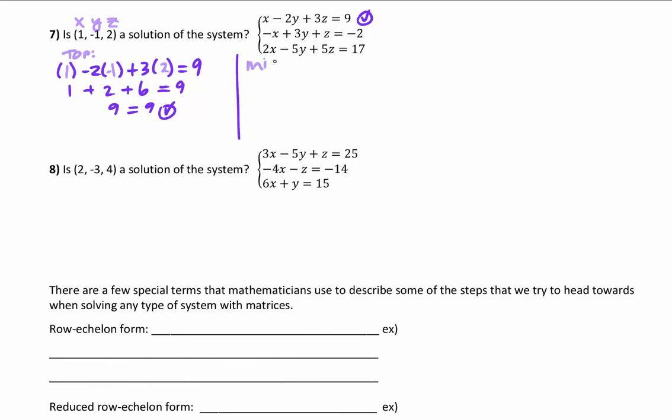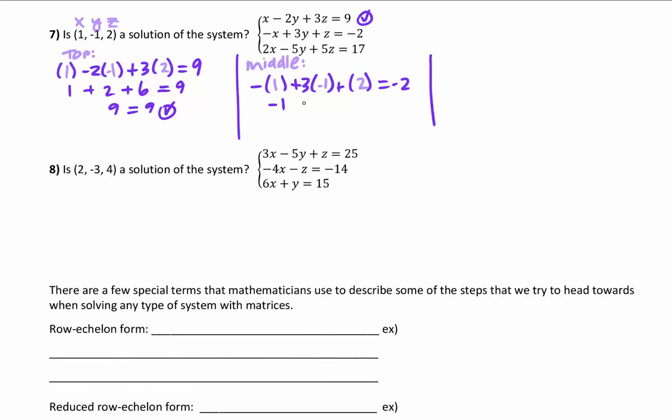So let's do the middle one next. The middle equation has negative x, plus 3 times y, and then plus z. And we should get negative 2 out of this. So let's put in those different numbers, 1, negative 1, and then positive 2.